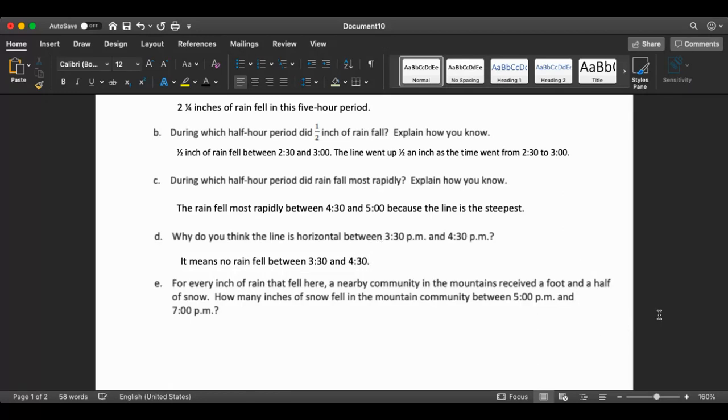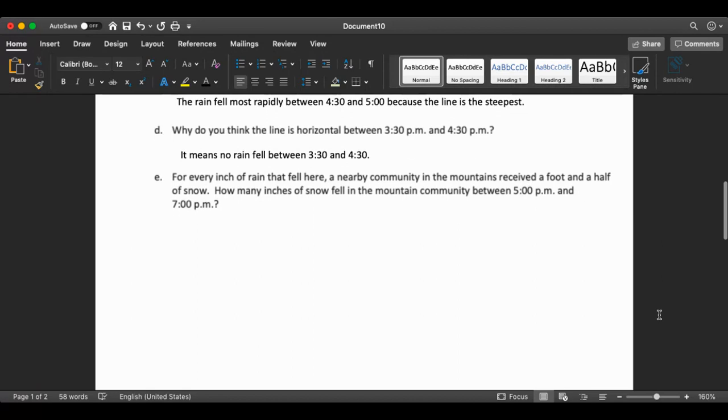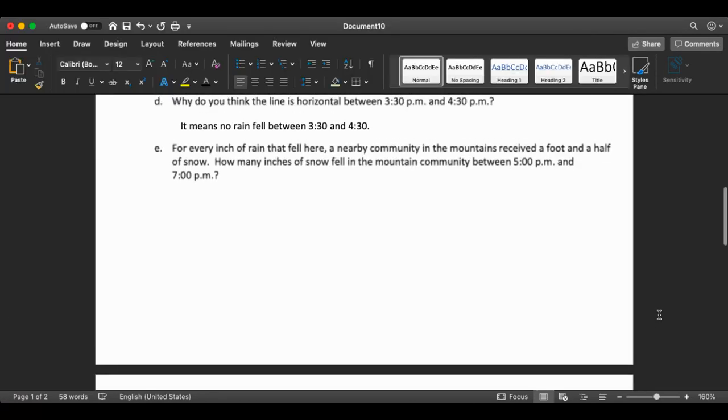The last one's a little tricky. You actually don't really even need to look at the graph to answer this. It says for every inch of rain that fell here, a nearby community in the mountains received 1.5 feet of snow.